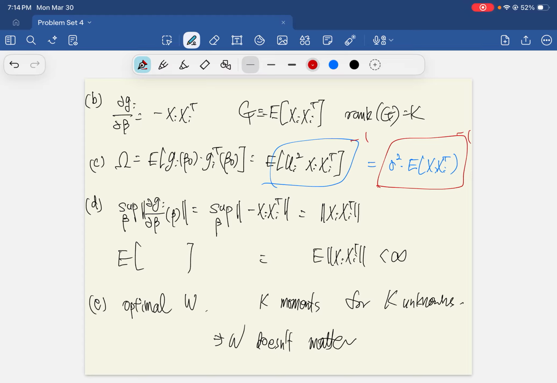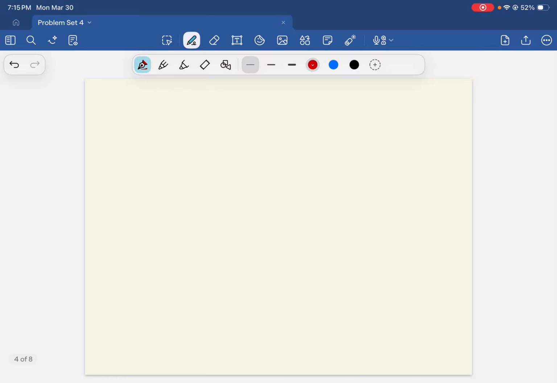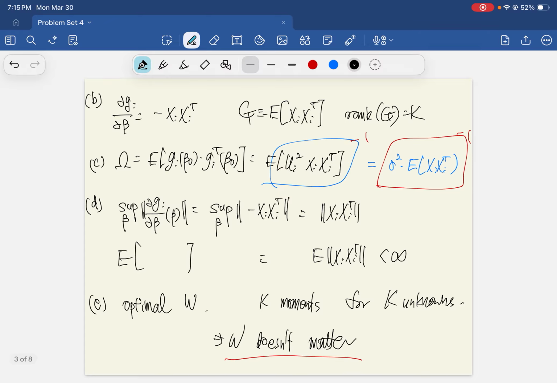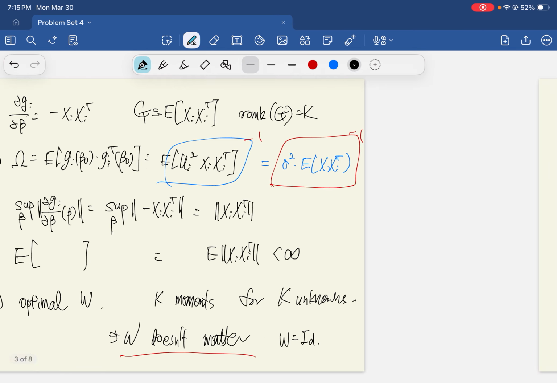If you take the optimal variance and its inverse, that is still okay, not because that is optimal, but because W doesn't matter. No matter what you do, the solution does not change. It is okay, but it is a stupid way because you are doing additional unnecessary work. So the correct answer to this question is W doesn't matter. Or you can say that the identity matrix can be used as W.